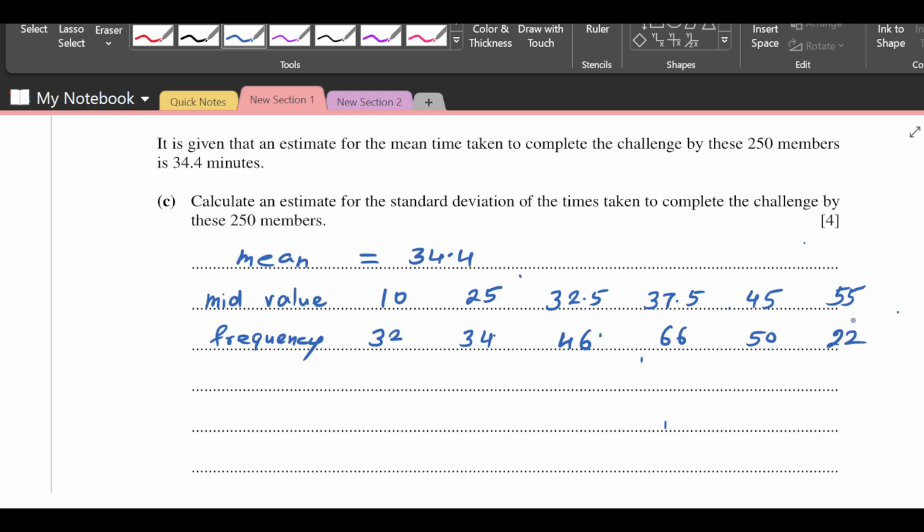Now I have to calculate the estimate for standard deviation.